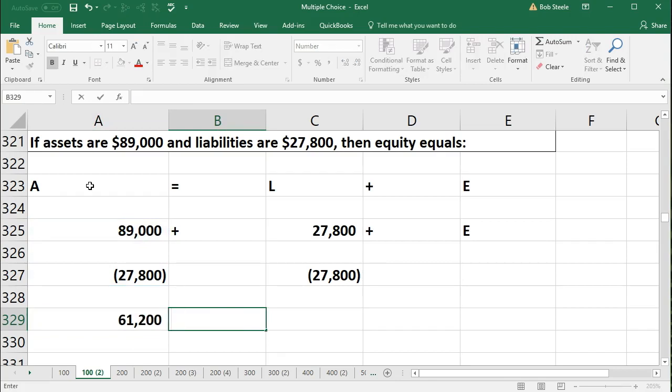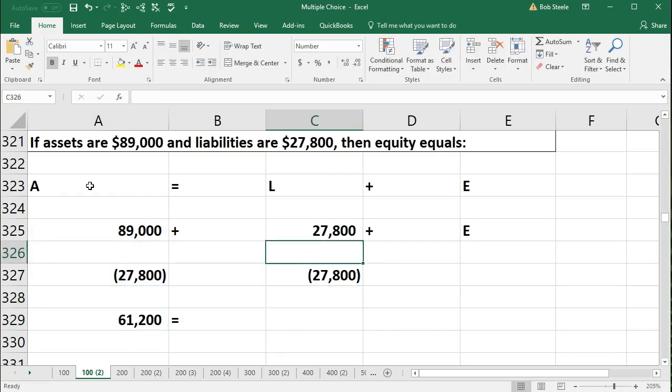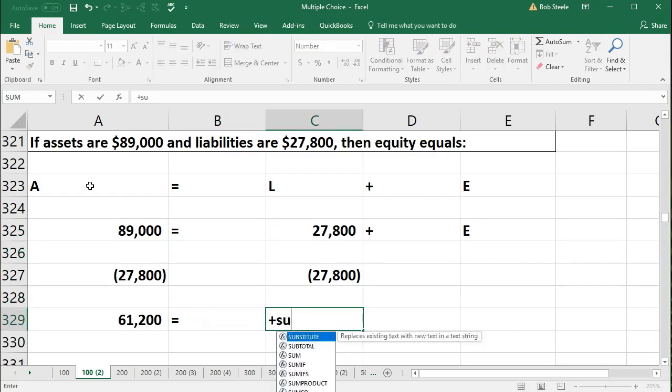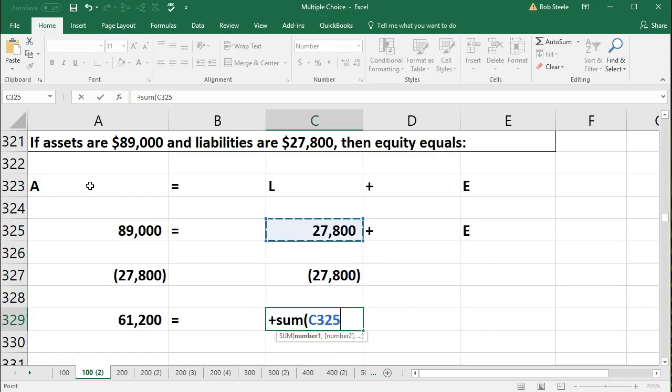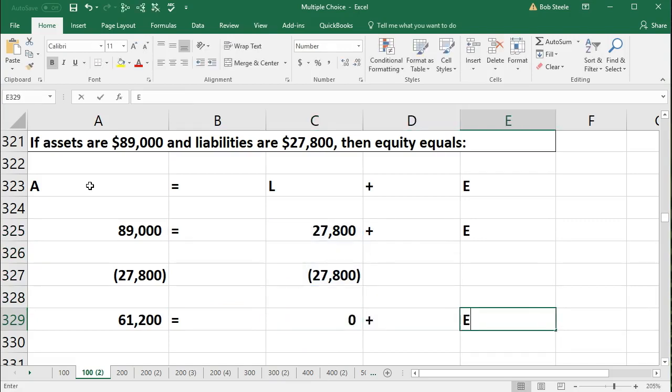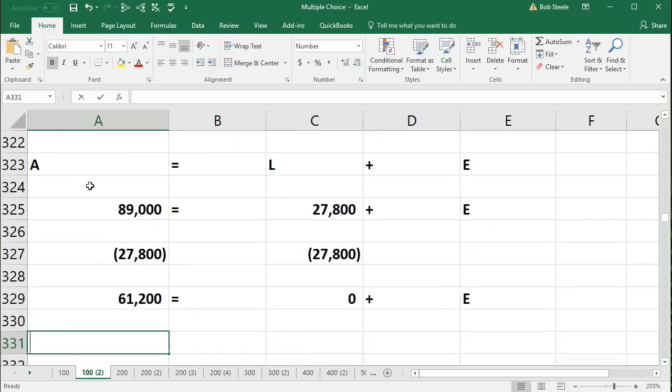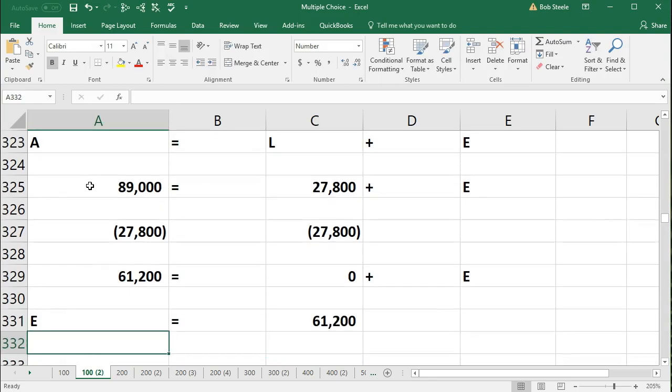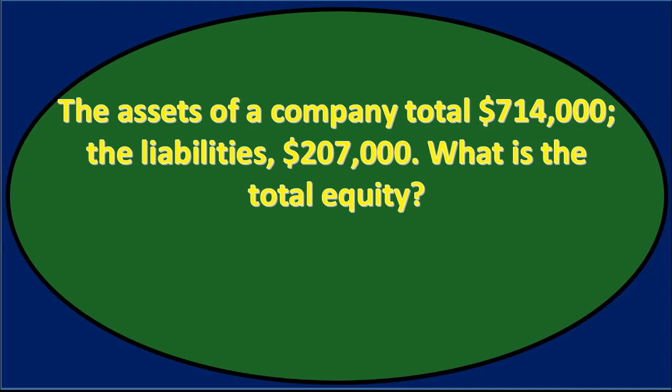And that will then be equal to, this should be an equal sign as well, equal to, and if we sum these up, obviously 27,800 minus 27,800 is equal to 0, plus equity. Therefore, equity is equal to this 61,200.